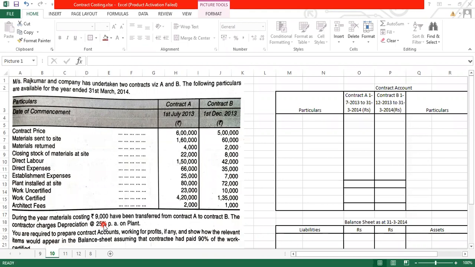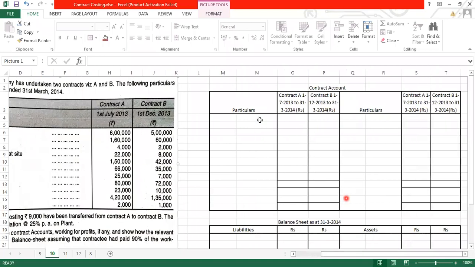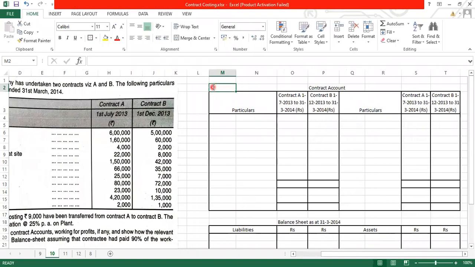So fine, we first have to prepare a contract account, and side by side you also prepare a balance sheet and keep it. Now we have two contracts, correct? Over here, contract A and contract B. So what are we going to prepare? We are going to prepare two columns, a contract A column and a contract B column.